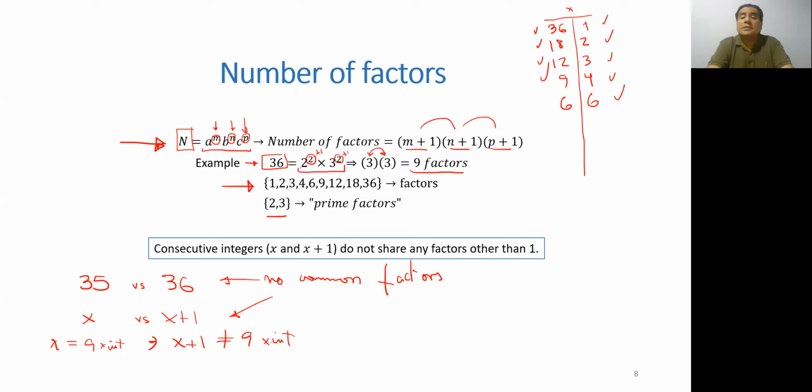All right, so with this concept, we can estimate the number of total factors that any integer has, especially when they are not prime, right? If they are composite integers, you can use this formula to calculate the number of factors.